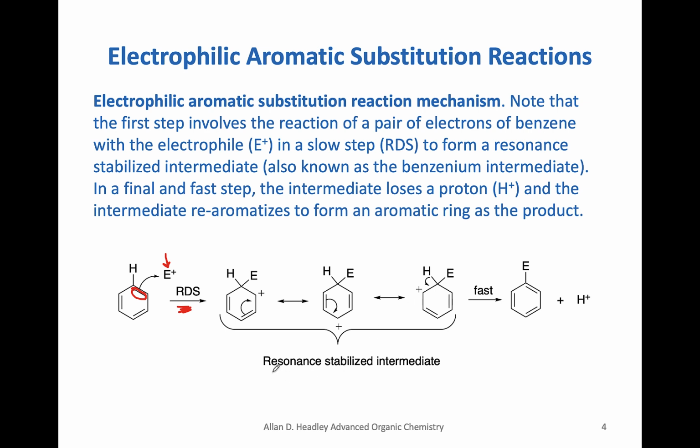It is one intermediate, but just to illustrate the electron movement, it is shown here through resonance. In a fast step, the product is created. So that is the mechanism: the rate determining step, which destroys the aromaticity, and the fast step, which regenerates the aromaticity.